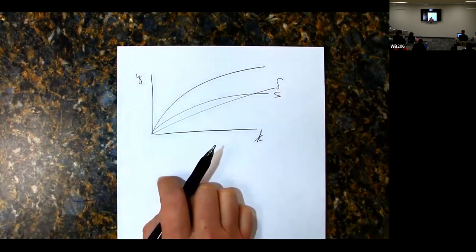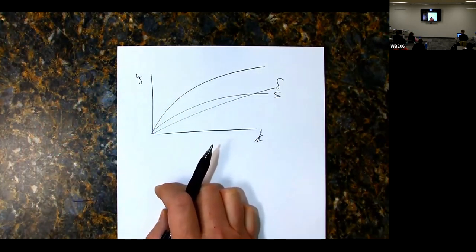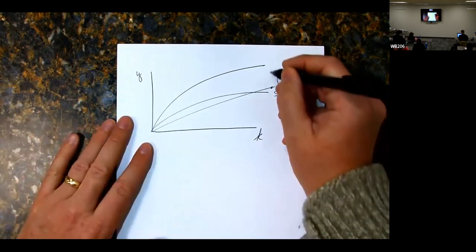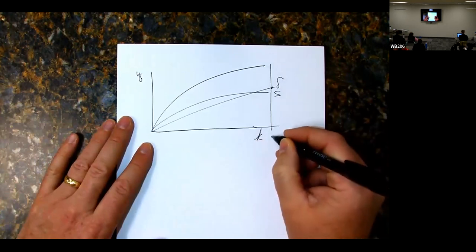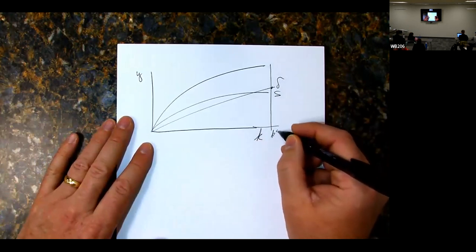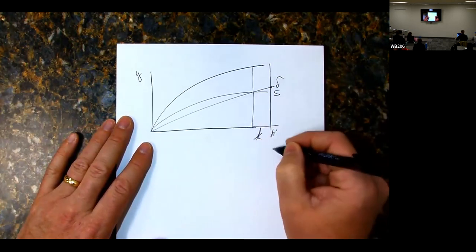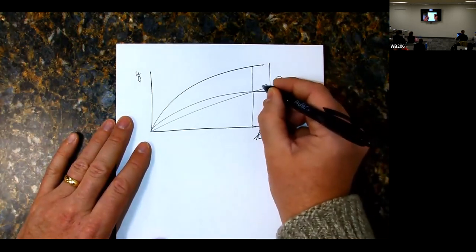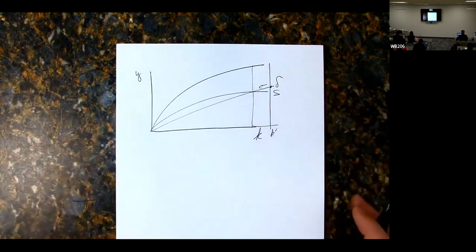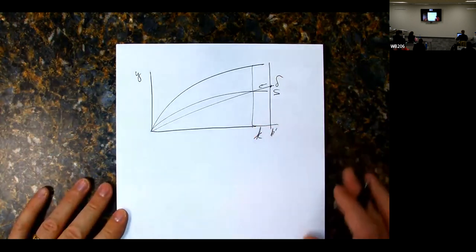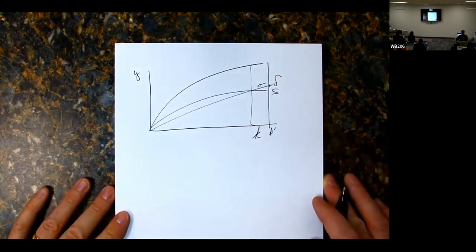So if we start out with a quantity of capital that is greater than the steady state, and we move towards the steady state, level of capital is above.